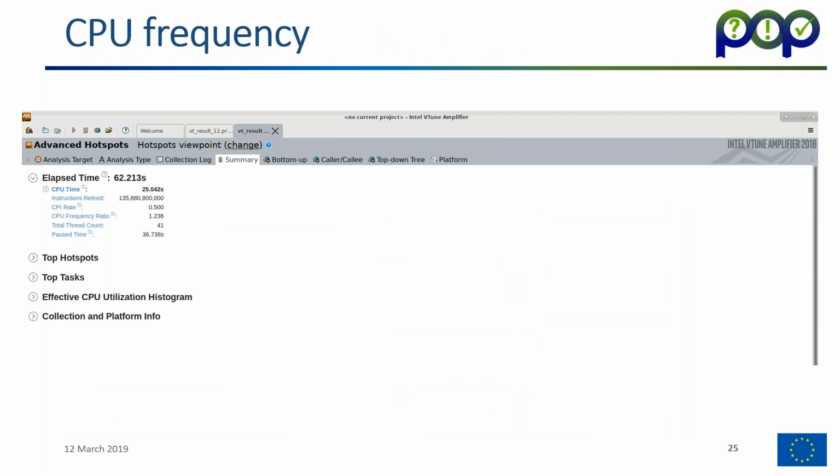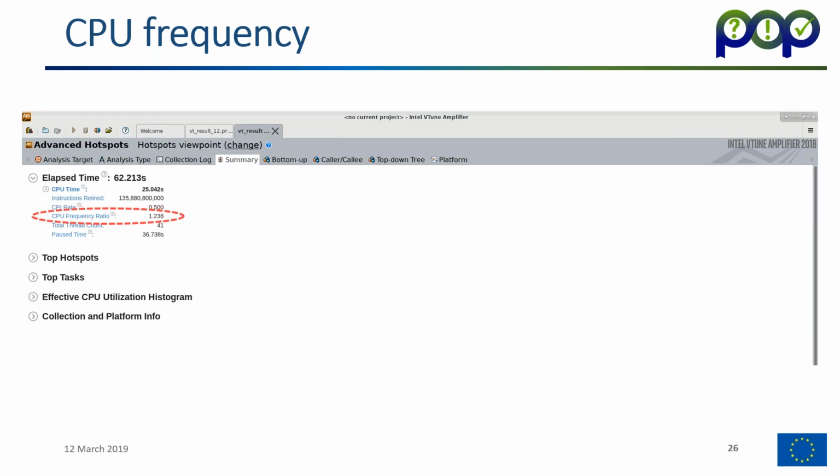That just leaves one final source of information. I said the CPU frequency actually looked to be the thing that was causing the performance drop we'd observed at 12 threads. On a different tab this time, the summary tab, which is present for all analysis types, there's one line which presents the CPU frequency ratio. This is reporting how far above or below its base frequency the CPU is actually running.